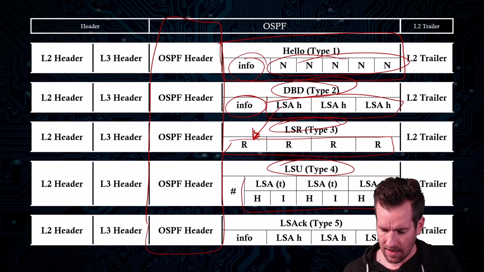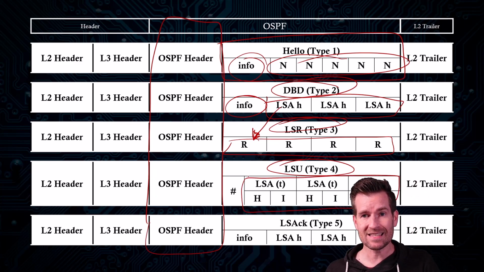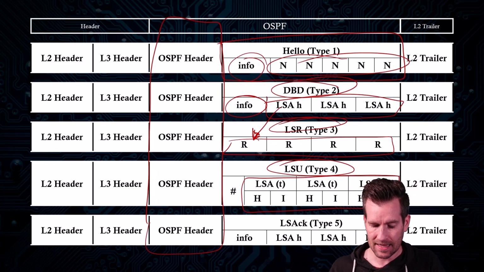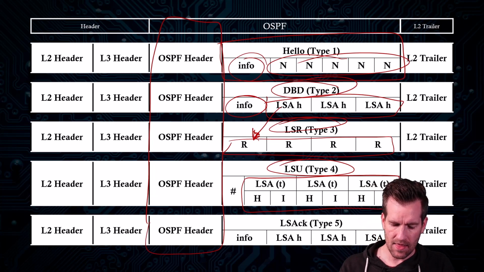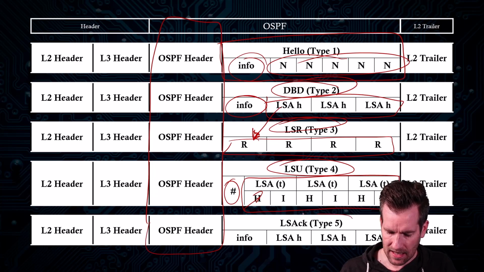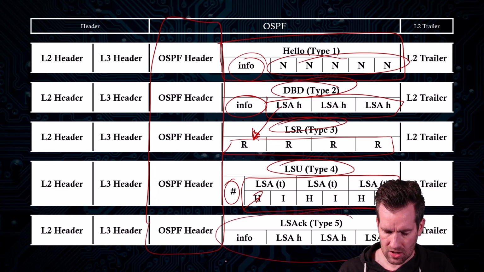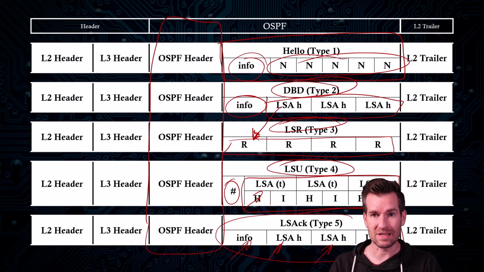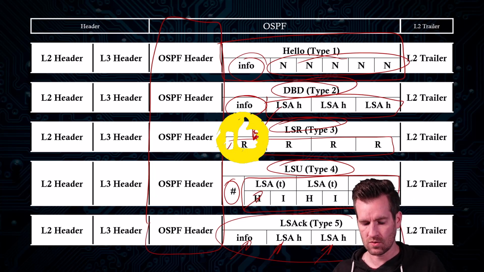So here is the information, the full link state advertisement of the link states you requested. And then it gives a number: what is the number of link state advertisements that are going to be in here. And then finally, we have the link state acknowledgement, which has, once again, some information, and then those LSA headers that say, hey, I acknowledge I received information about those link states.